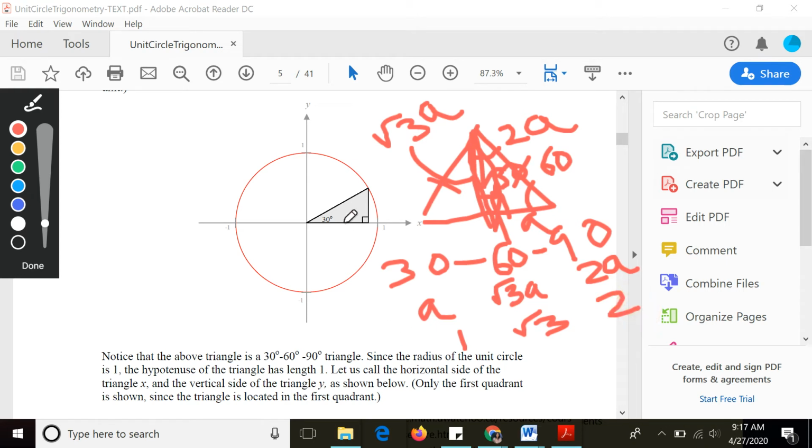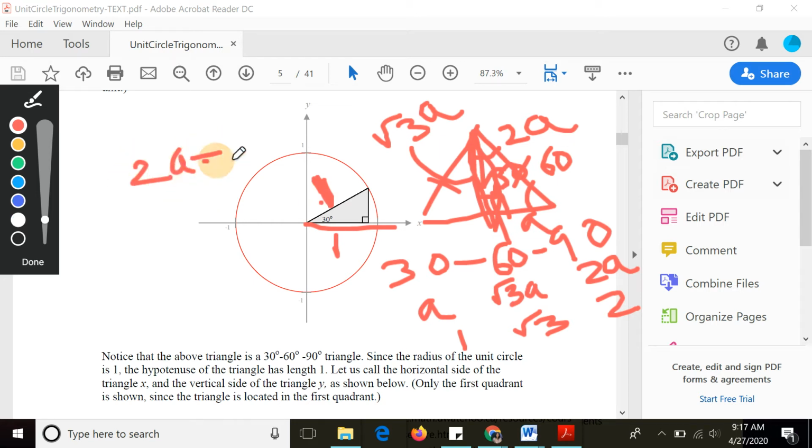Now in this case, the whole thing is 1, which means our 2a is 1, because the angle opposite to the side length 1 is 90 degrees.